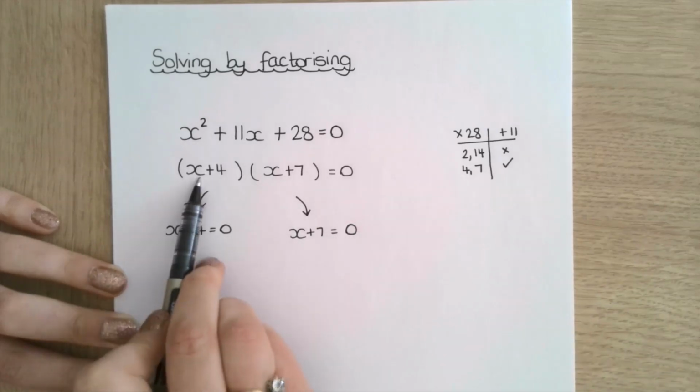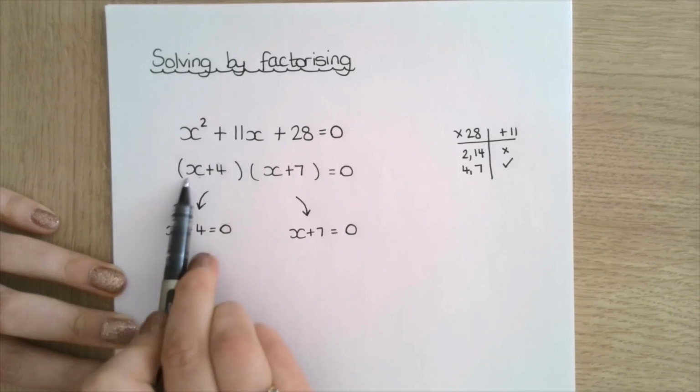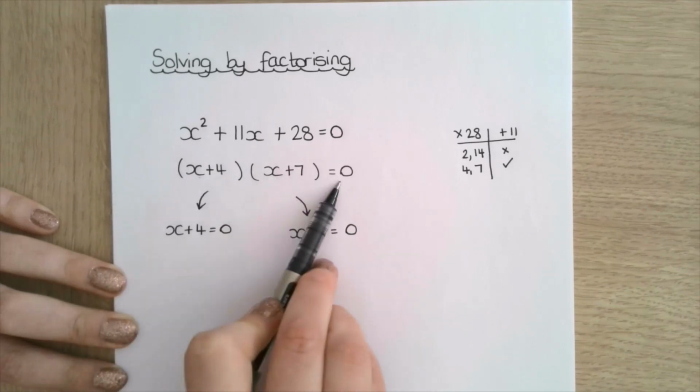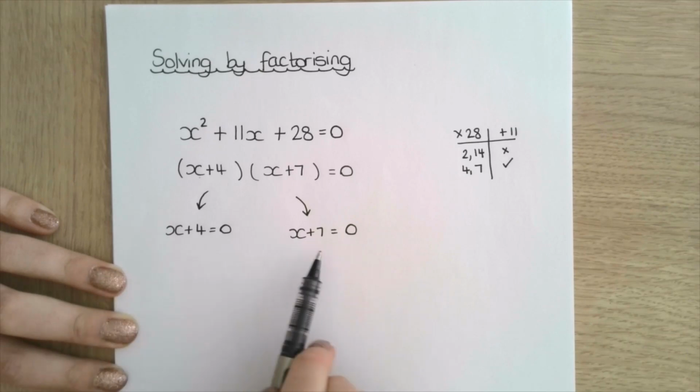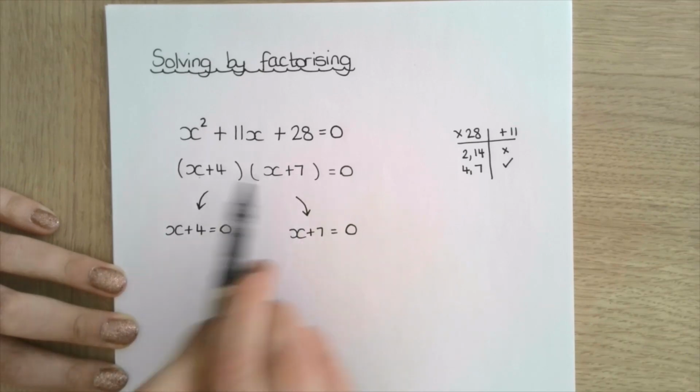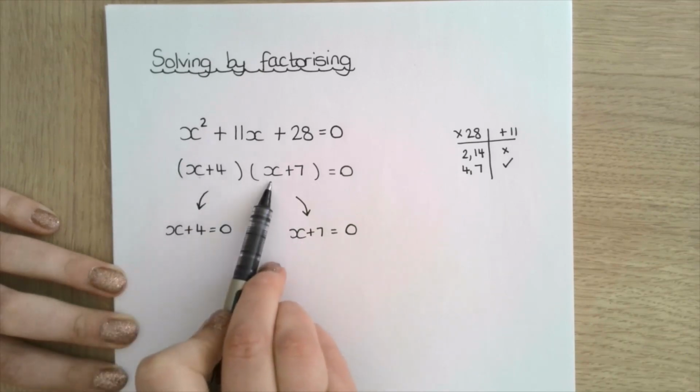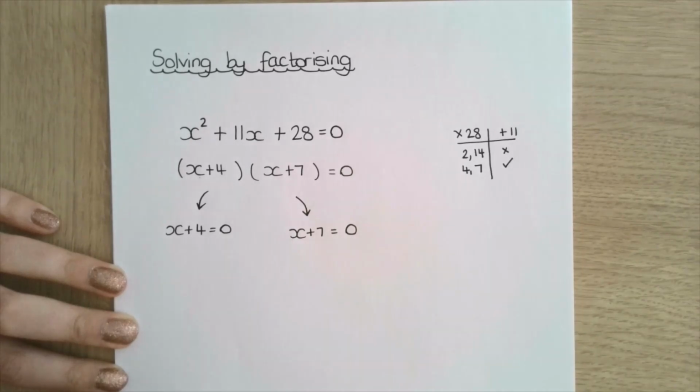Because if this bracket is 0, then I've got 0 multiplied by a number gets me 0, or if this bracket is equal to 0, I've got a number multiplied by 0, which also gets me 0.